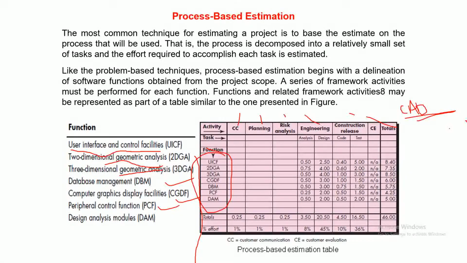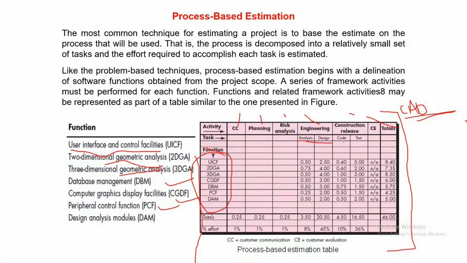Based upon the time available, the team size and the expertise you have, you can have a more detailed level matrix. See here, the engineering phase is further bifurcated into analysis and design.